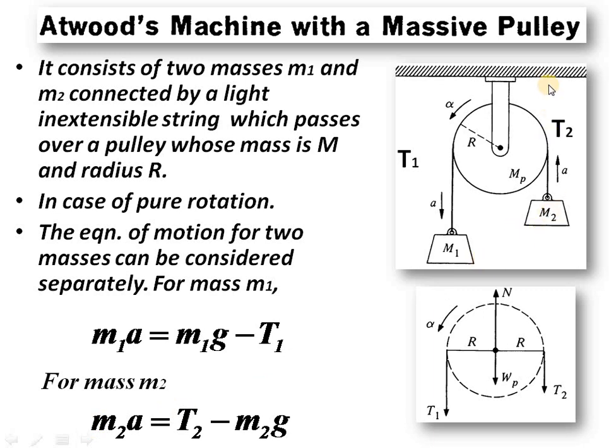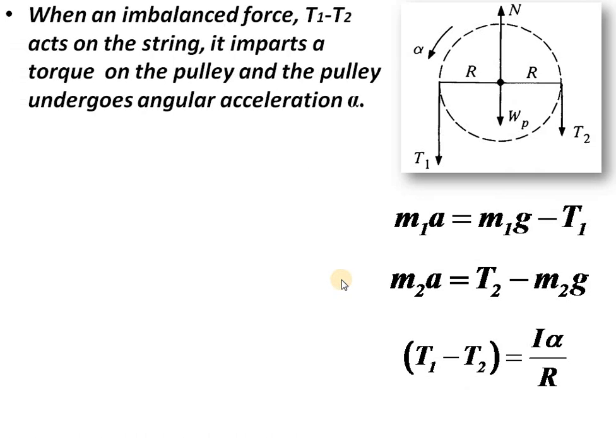Okay, one of the forces should be upward and the other should be downward. Only then there can be a motion. So M2A is equal to T2 minus M2G. M2G is acting downward. Okay, so we got the equations of motion for the two bodies. So in order to find the net force, what can we do?